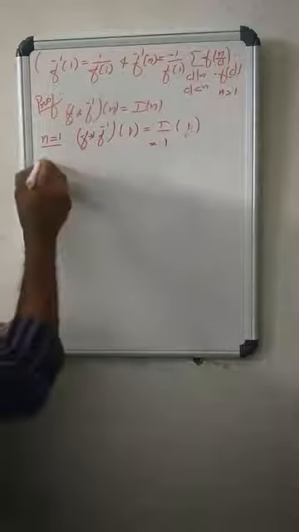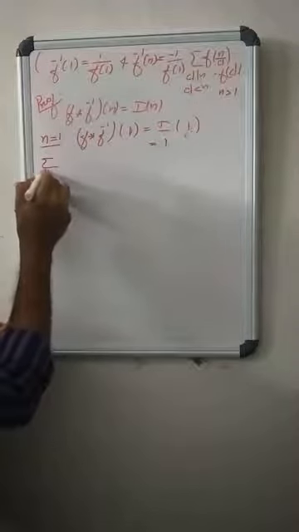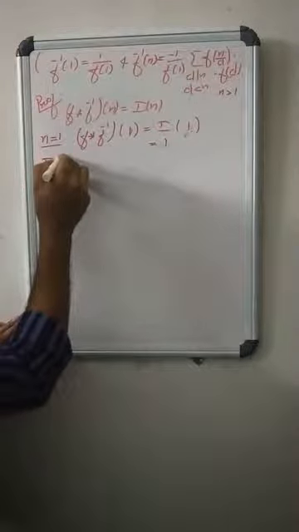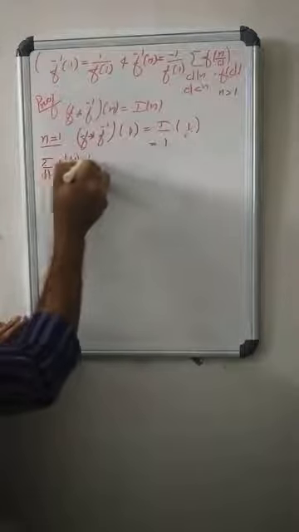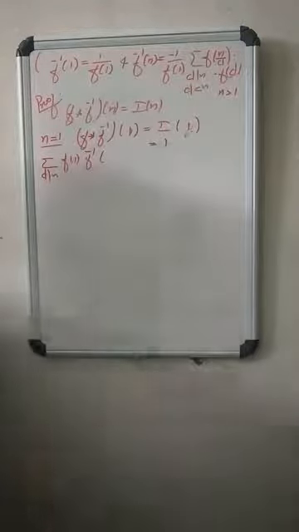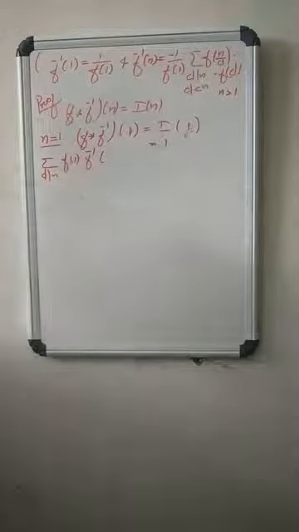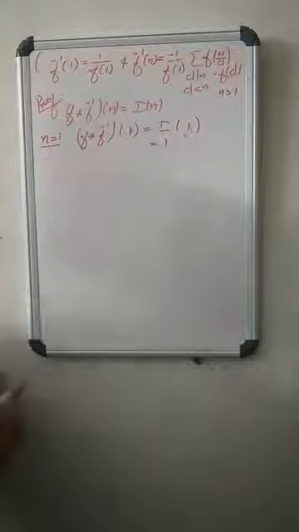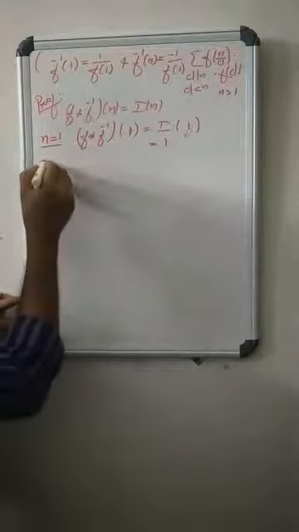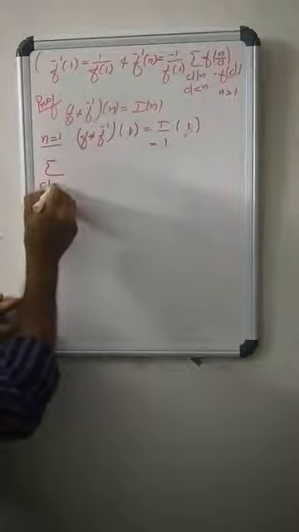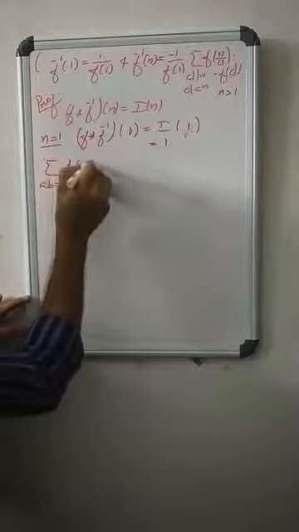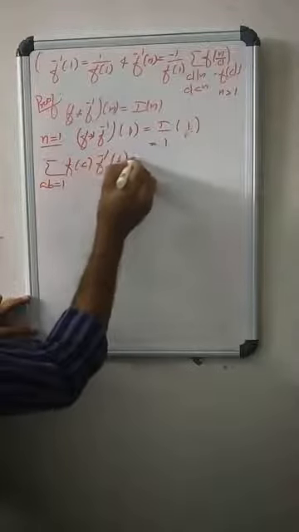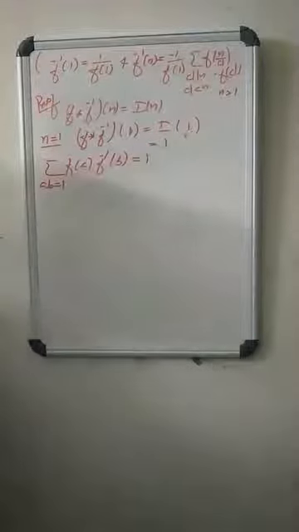Come to the left side. By the definition, f star f inverse of 1 equals sigma over ab equals 1 of f of a into f inverse of b, and that equals I of 1, which equals 1.